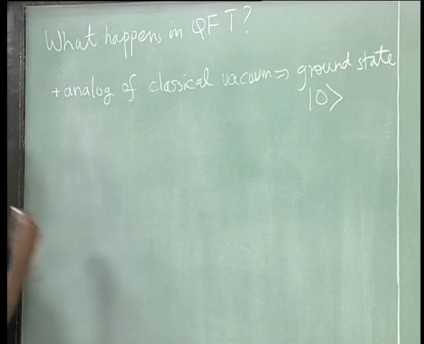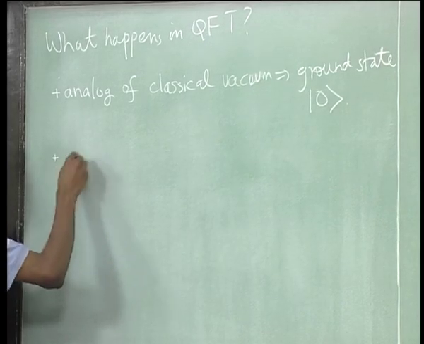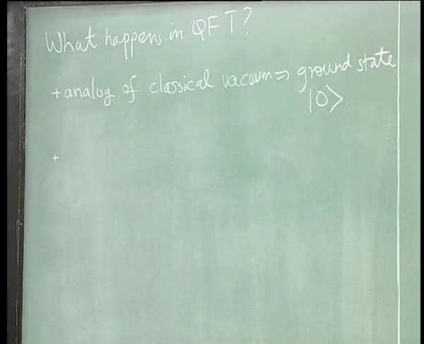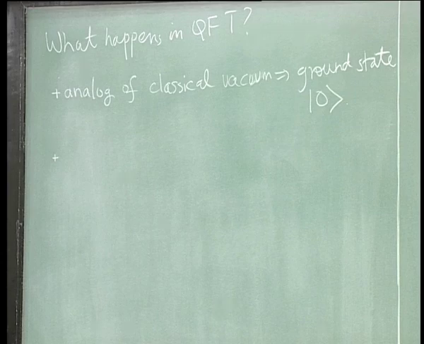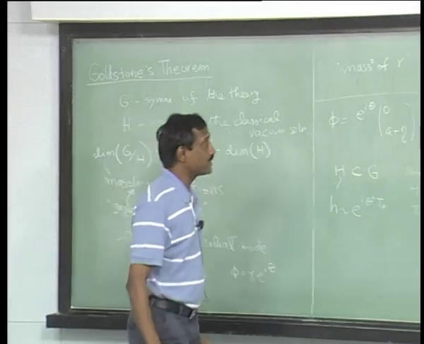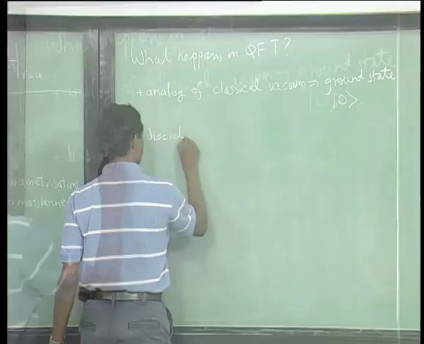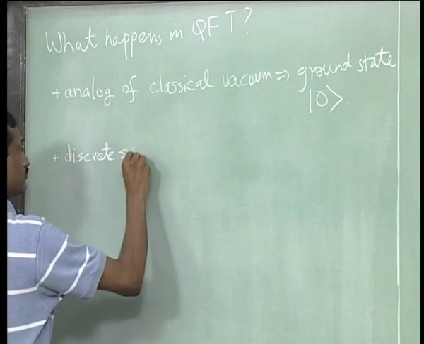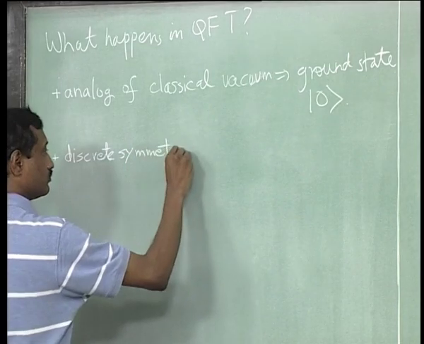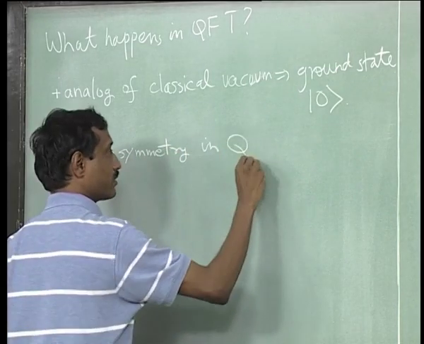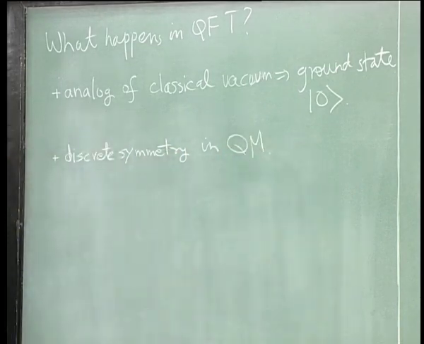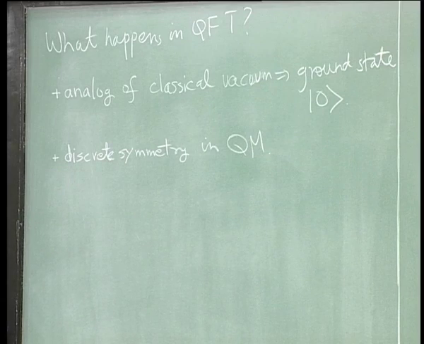The second thing is to ask what happens to spontaneous symmetry breaking or Goldstone's theorem. So first let us consider discrete symmetries. In quantum mechanics, if you have done a course in quantum mechanics you will know about this.